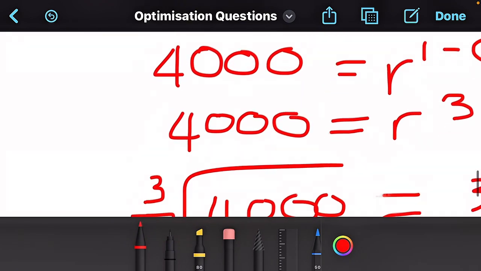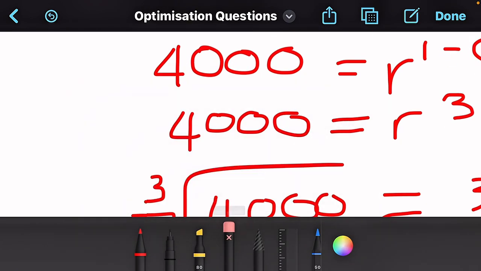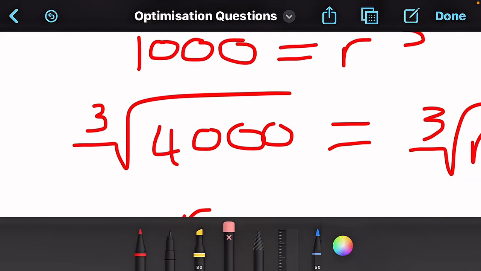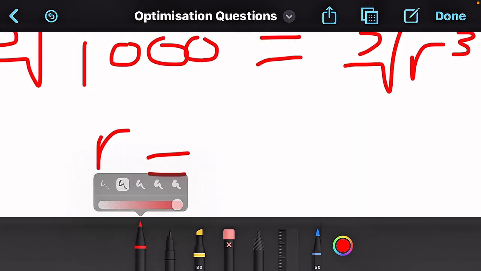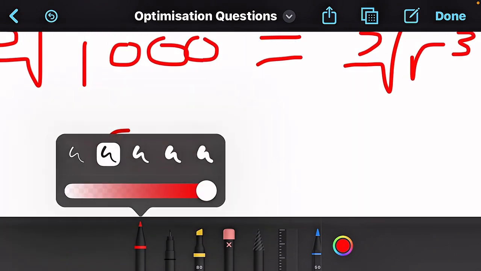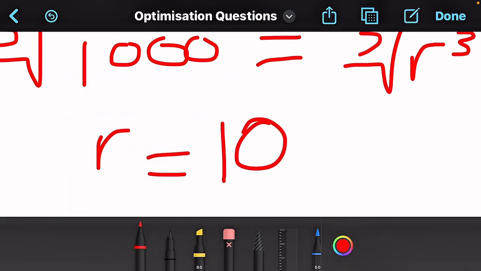And that means we're going to have to change this into 1,000 and 1,000. Forgive me, this is my first time doing it, so I make a few more mistakes. So r will therefore equal 10.